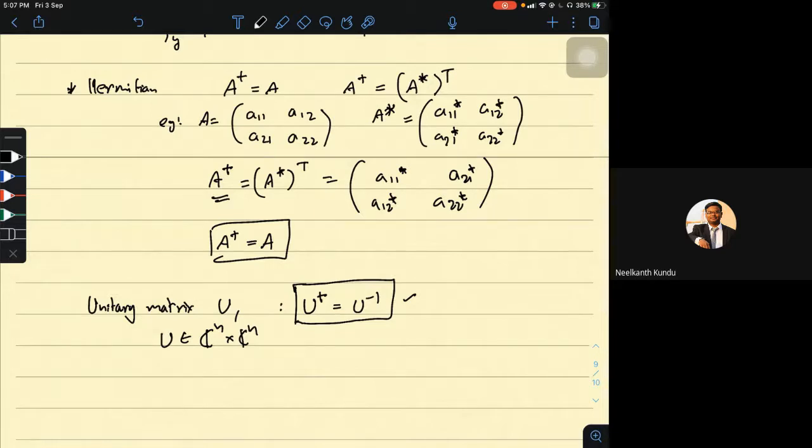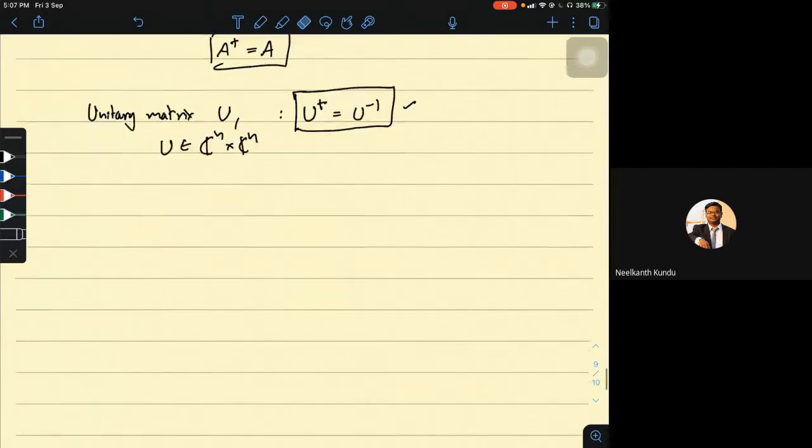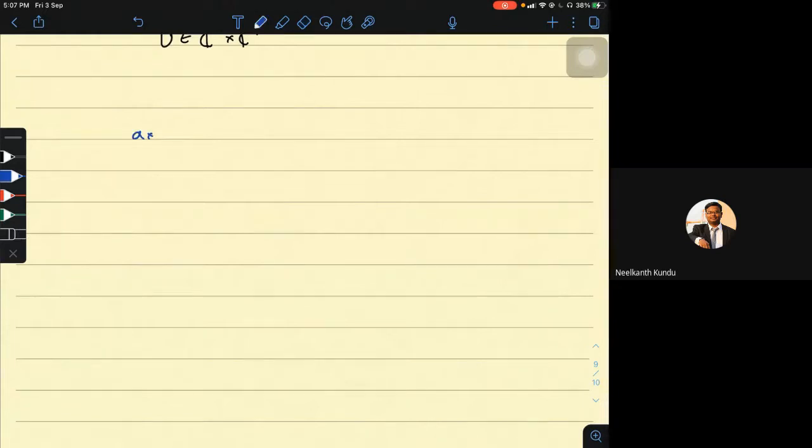For example, if A and B belong to the field F, the product of these two belongs to F. If I have vectors v1, v2 belonging to the vector space V, this product is not defined.